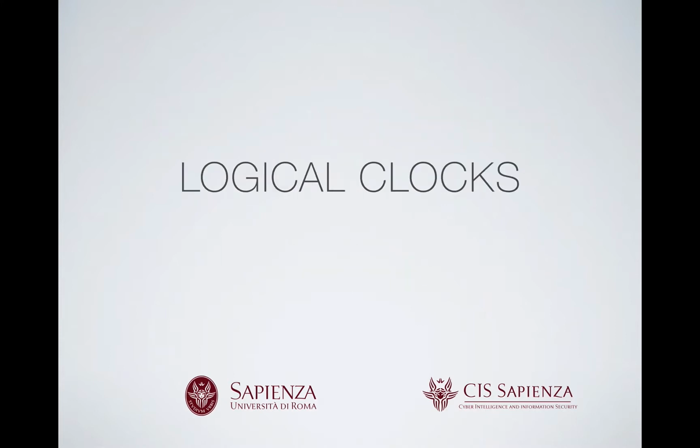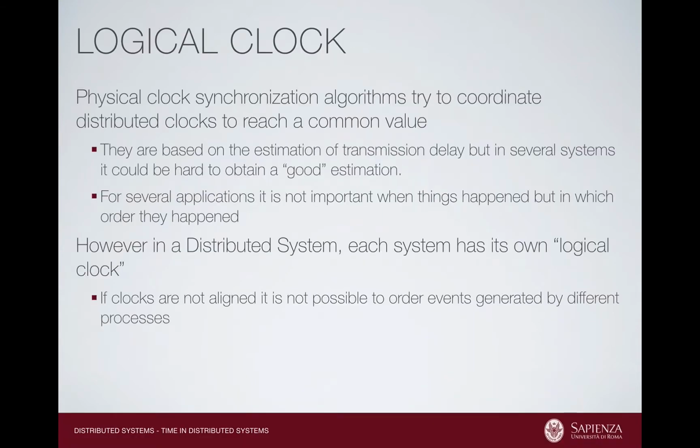Now we'll talk about logical clocks and vector clocks. We have seen in the previous lectures that a physical clock is a way to timestamp time, and physical clocks can be obtained when there is a synchronous system.